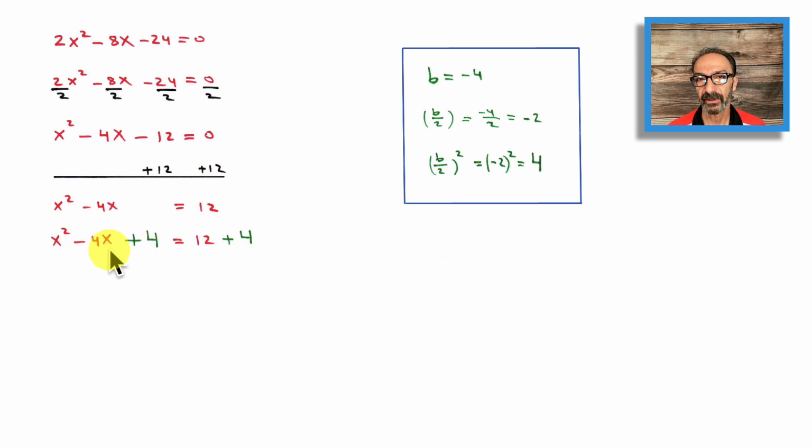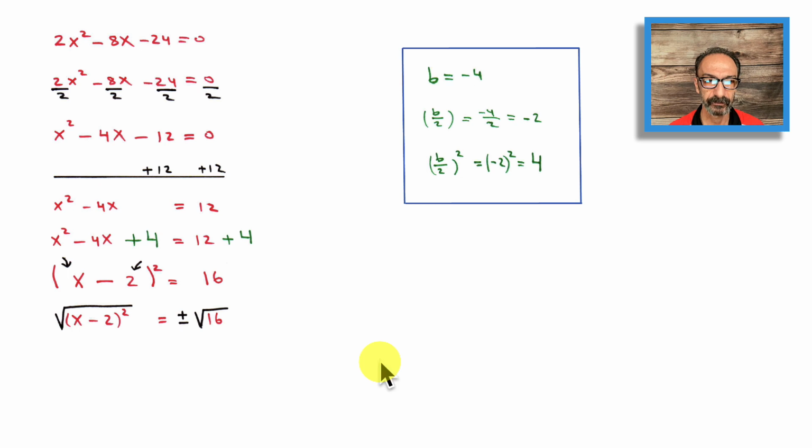Left hand side is ready, and right hand side is 16. 4 comes down to 2, x squared comes down to x, and don't forget the minus in the middle. Apply the square root to both sides. Left side becomes x minus 2, and right side plus minus square root of 16. 16 is a perfect square, and we could go on and simplify that to 4.